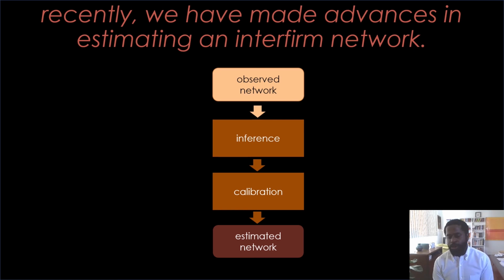The overall goal there is to have a network which reproduces the stylized facts of the economy. And then we spit out an estimated network. We can use that estimated network, which estimates the existence and the strength of connections between firms, in order to do interfirm network analysis.